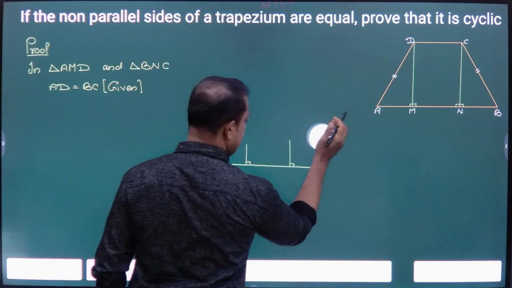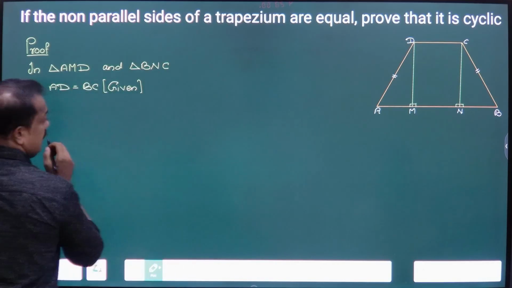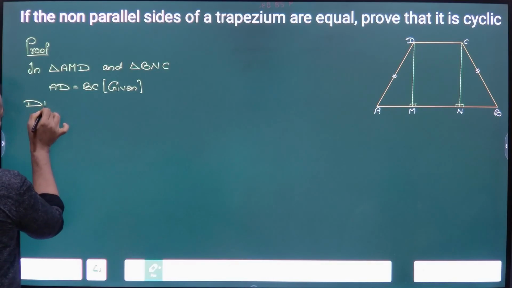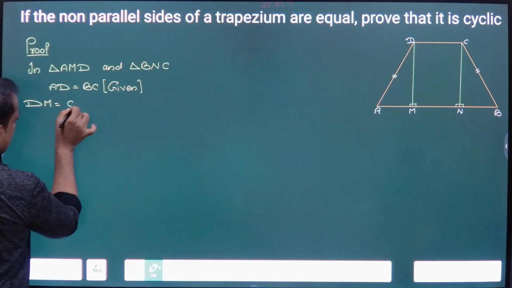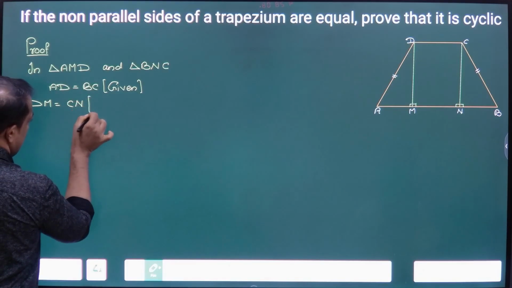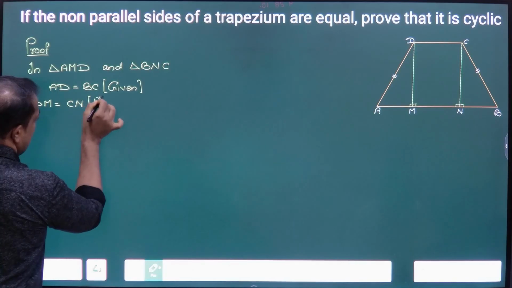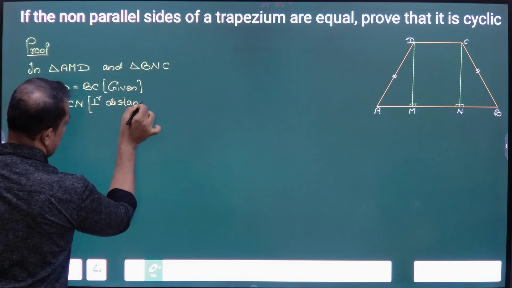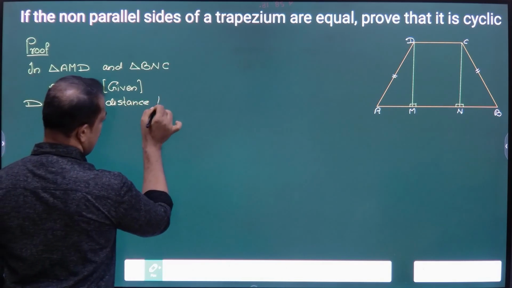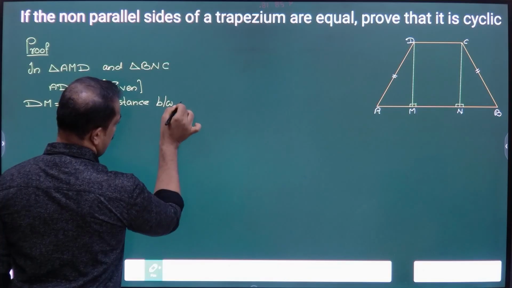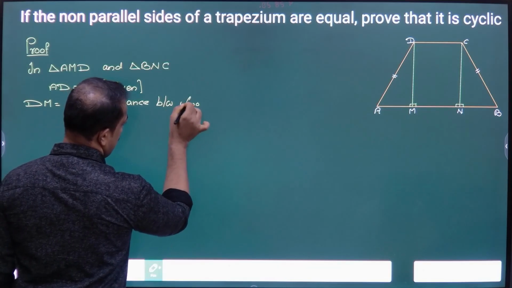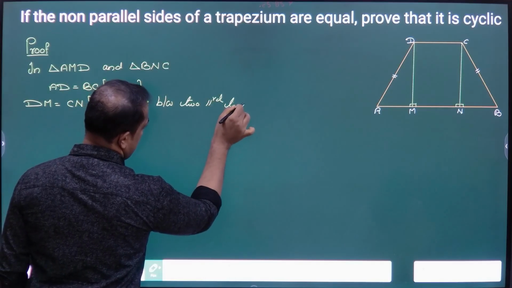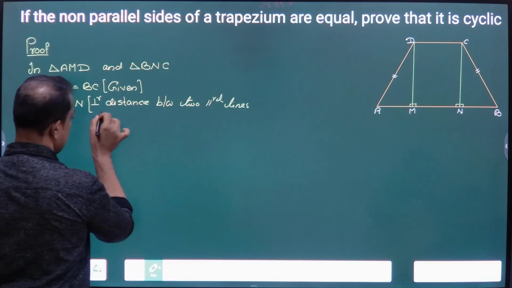Look at the next. DM is equal to CN. Reason: perpendicular distance between two parallel lines are equal.